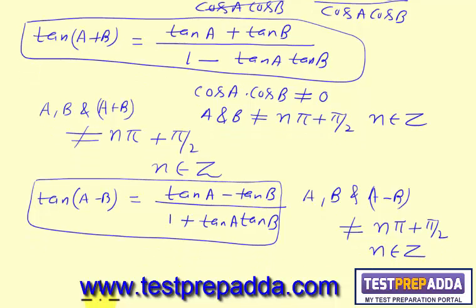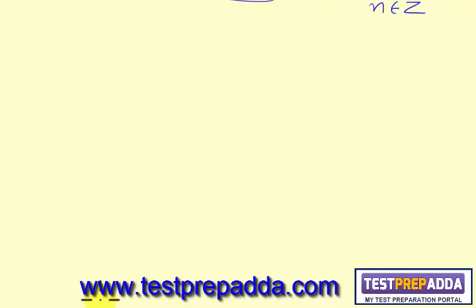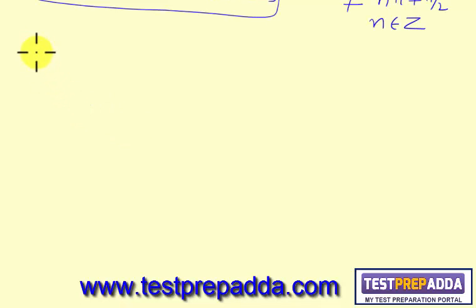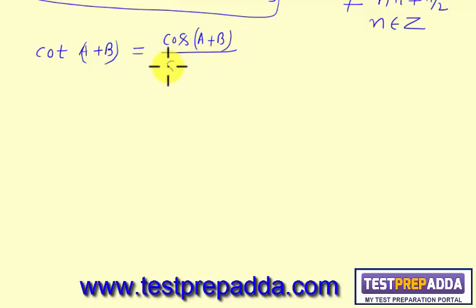Now, if I try to find cot(A+B). Okay, cot(A+B) will be cos(A+B) upon sin(A+B). And this is nothing but the reciprocal of tan(A+B).